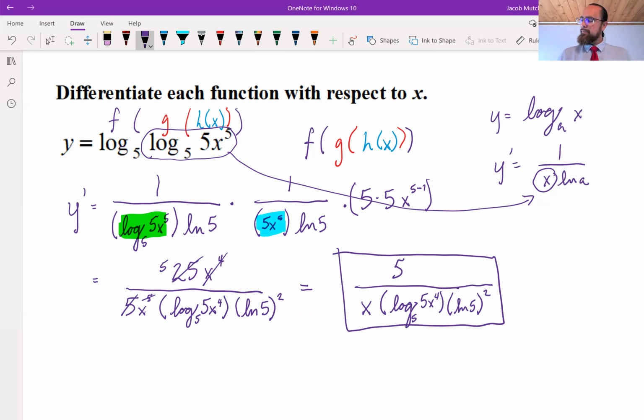So our first example, we just had to apply chain rule once. Second example, we had to apply chain rule twice. For our final example, what we want to look at is a function that requires us to apply logarithm equivalency rules, rewriting the function before we differentiate. So let's zoom there.